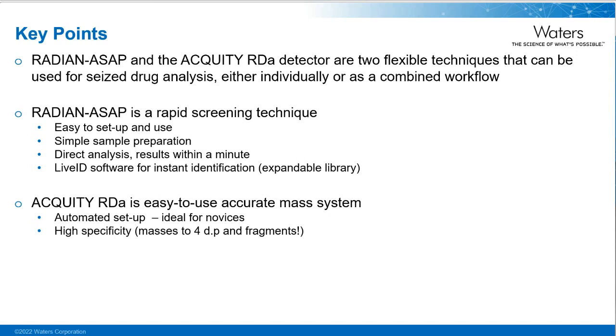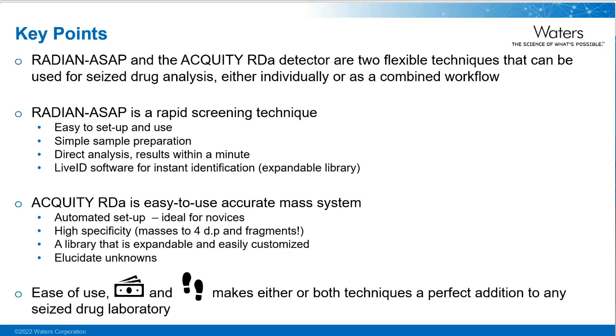A library that is flexible, expandable, and customizable is also available for the ACQUITY RDa. Unidentified peaks can be identified using the Elucidation feature in combination with external libraries such as ChemSpider. Overall, both techniques have demonstrated their ease of use, affordable price, and small footprint, making them an ideal fit for seized drug laboratories.